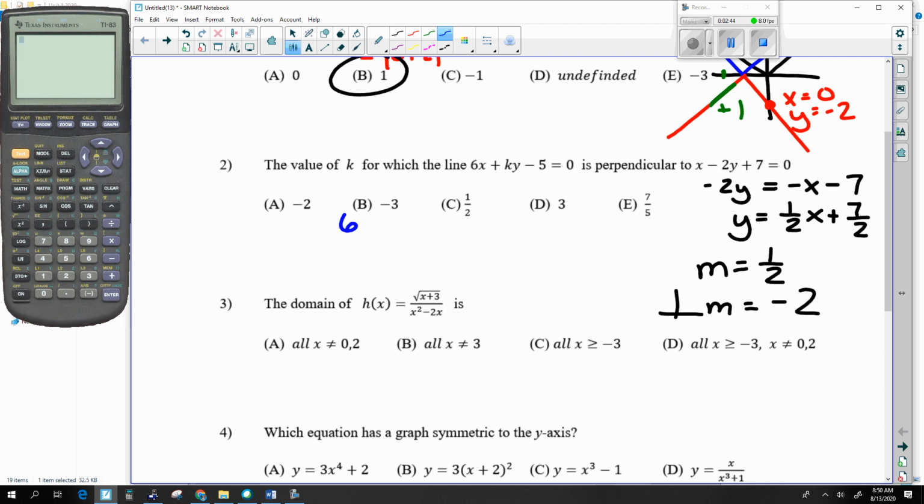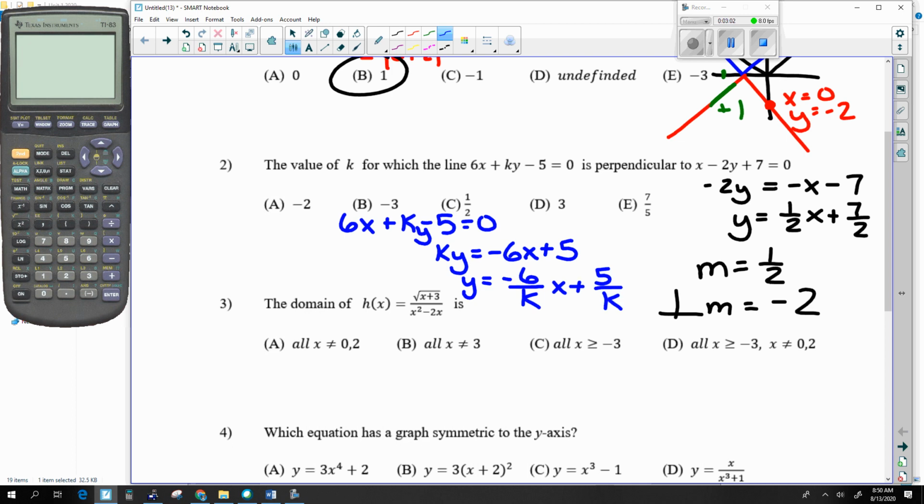All right, so currently we have 6x plus ky minus 5 is equal to 0. So ky is equal to -6x plus 5. y is equal to -6 over k x plus 5 over k. Okay, so I see that the slope of my mysterious equation is -6 over k.